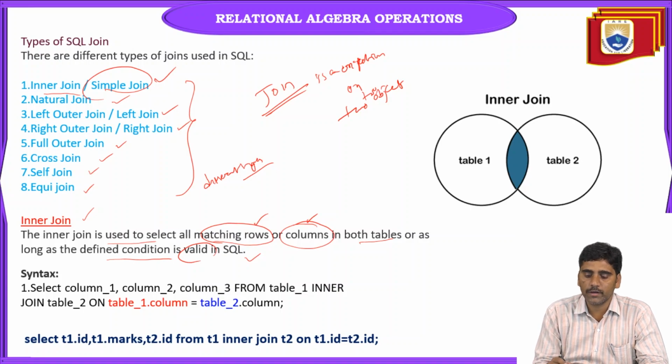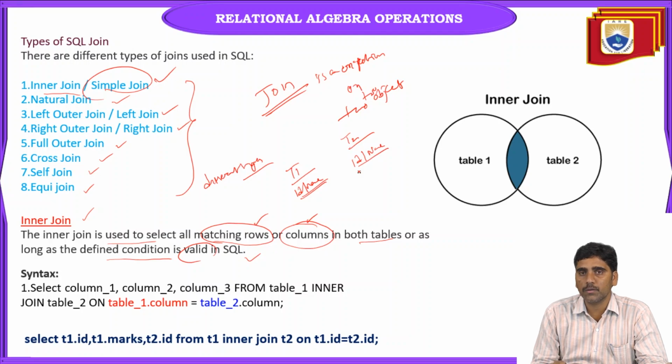If table 1 contains ID and name, and similarly table 2 contains ID and name, and you want to join these two tables, then you can perform a join called inner join or simple join.